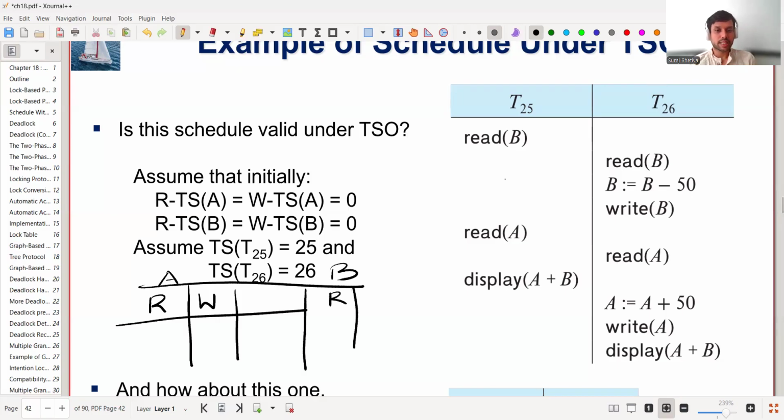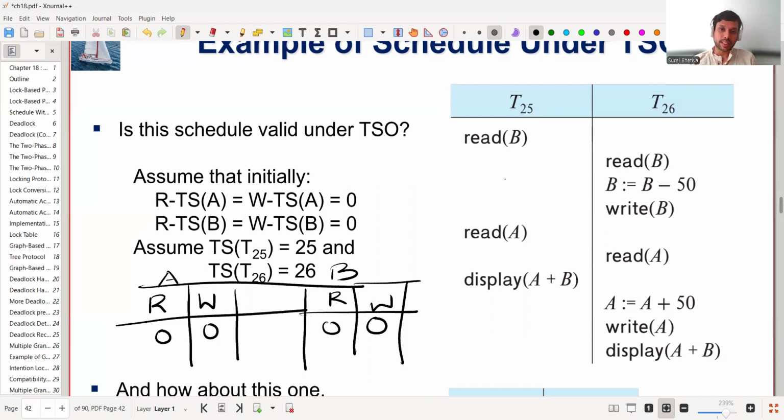Again, I use read, I use write. Initially, what are they set to? They're all set to zeros, because whatever happened between 0 all the way to 25 has read or written data items other than A and B. Let's assume that. And A and B are now being read between transactions T25 and T26. There is some read-write operation.